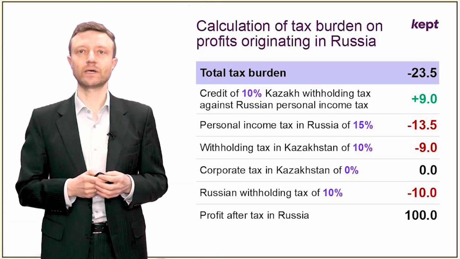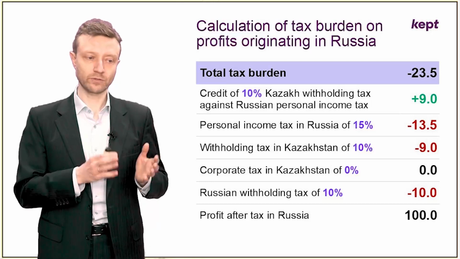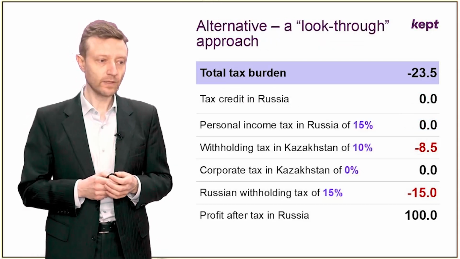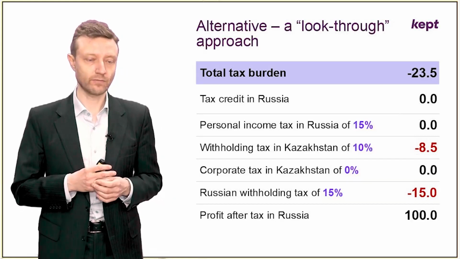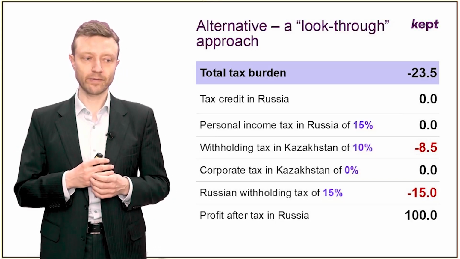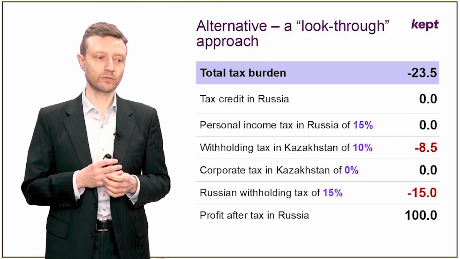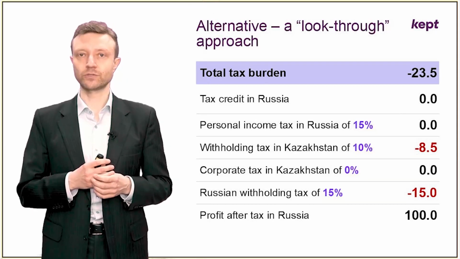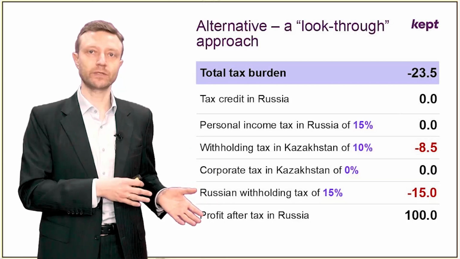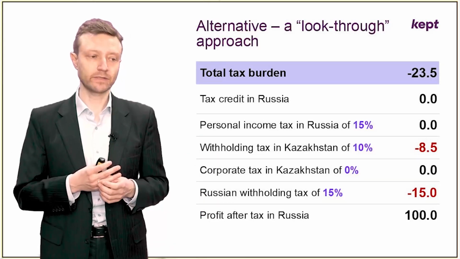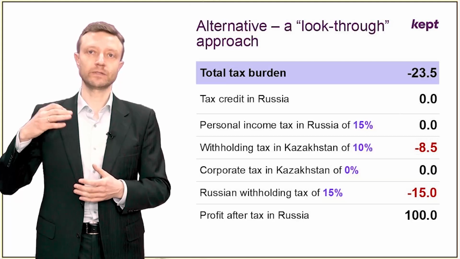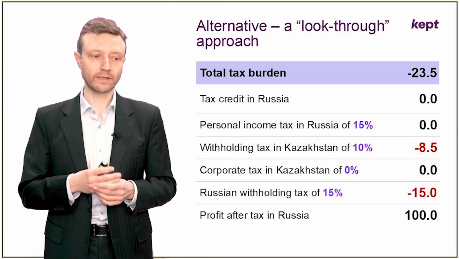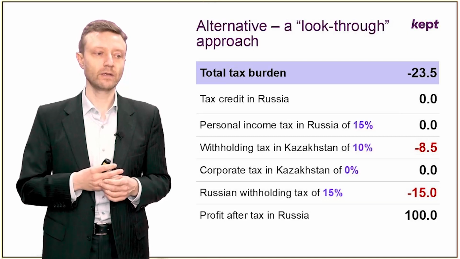Okay, let's remember this result. This relates to the Russian parts of the holding structure. Before we move on to the Kazakhstan part of the structure, let's also remember that in Russia it is possible to apply a so-called look-through approach to dividends, and the Russian subsidiary may claim that it pays dividends for tax purposes directly to the shareholders, although legally it will still be distribution through all the layers through the holding company.